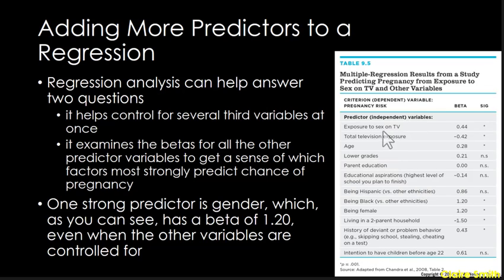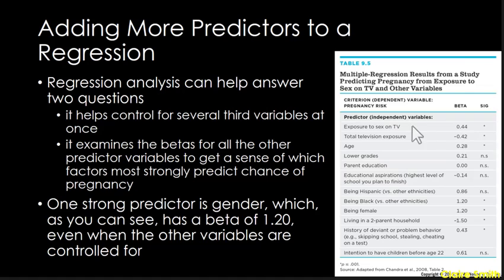The reason for this is that if you include all of these, you're accounting for all of these potentially being third variables, increasing the internal validity to an extent, right? So it helps to control for several third variables at a time. And then remember, the betas are going to take all these other variables into account.